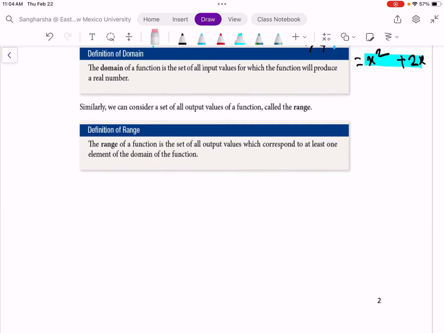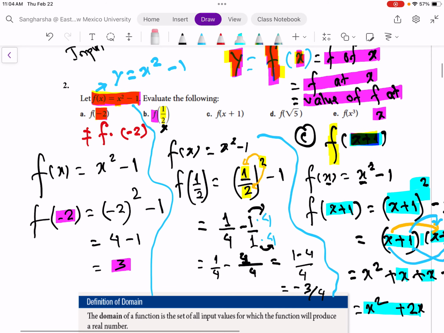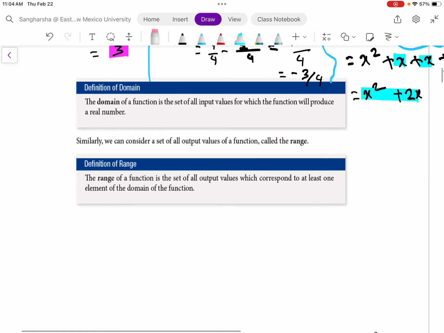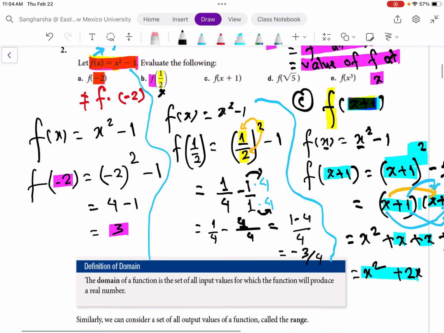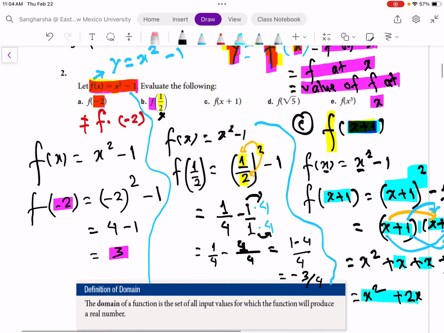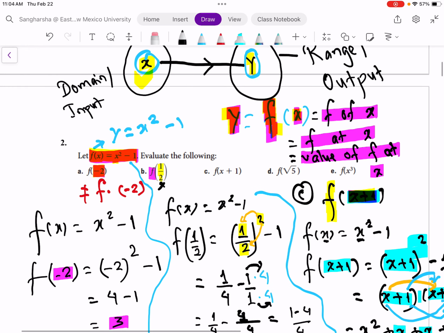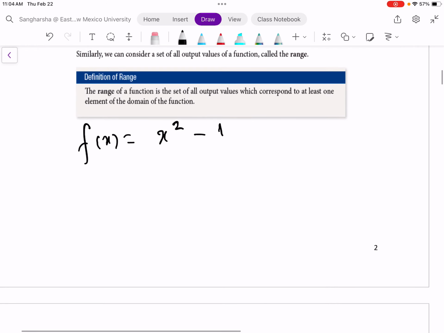Our function is f of x equals x squared minus 1. So this is a function, and we are asked to find f of square root of 5. This is number D.